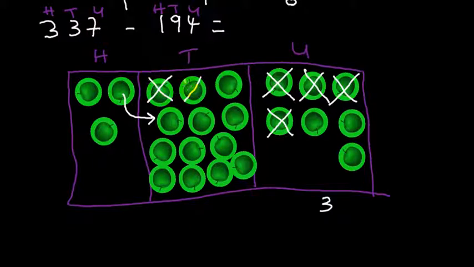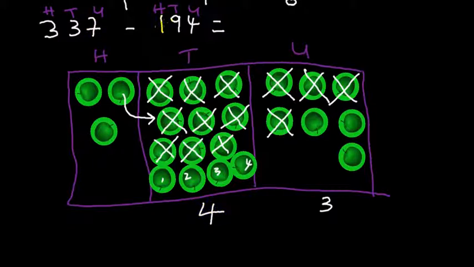So let's strike out 9: 1, 2, 3, 4, 5, 6, 7, 8, 9. We have 4 left.